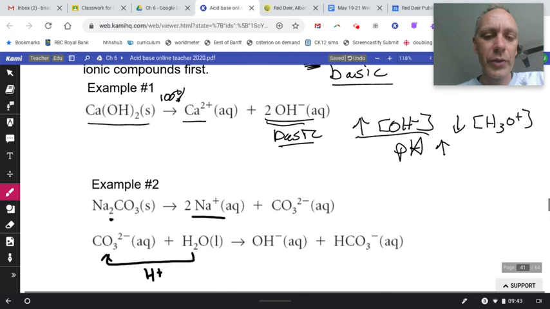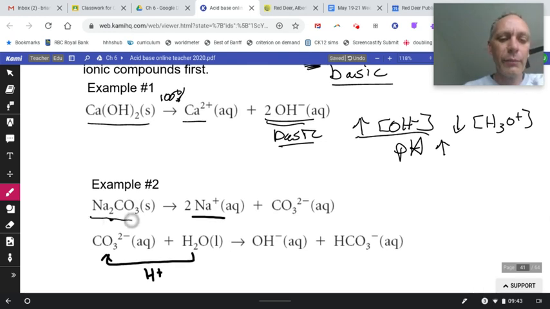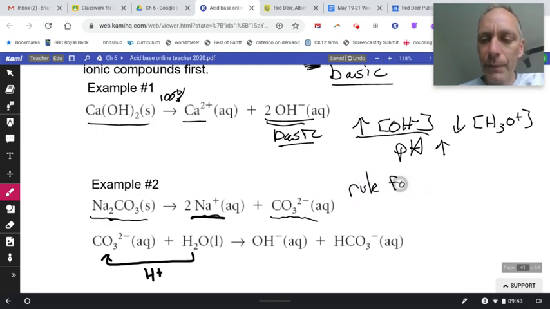Okay, so now let's take a look. Example number 2 is tricky. So this one is an ionic compound, Na2CO3. Breaks apart, we get 2 Na plus and a CO3 2 minus. So when you do this, the rule for ionics, you can add this to your notes.